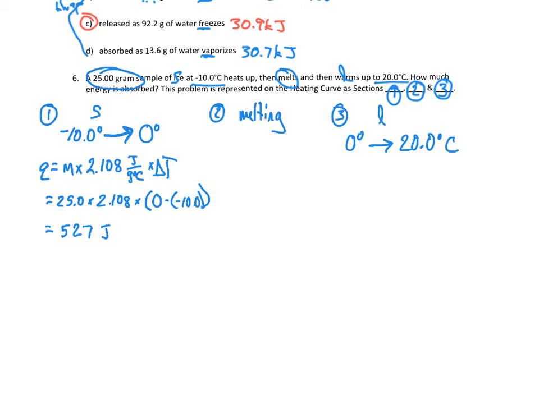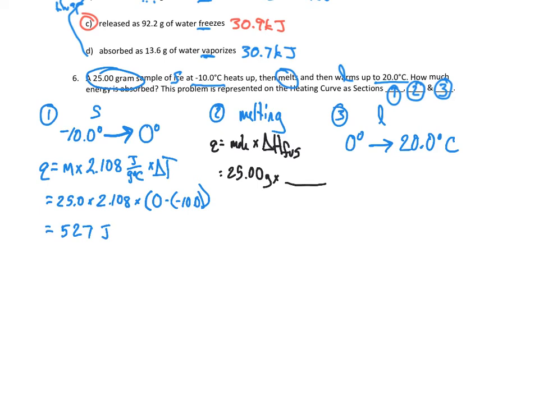Okay, so let me switch colors here. For the melting, that implies ΔH fusion, so Q equals moles times ΔH fusion. Well, that would be my 25.00 grams.